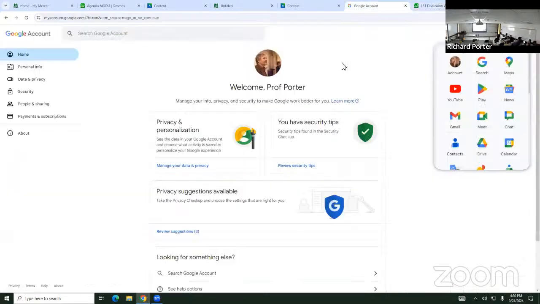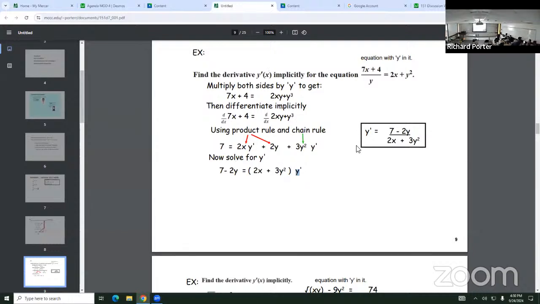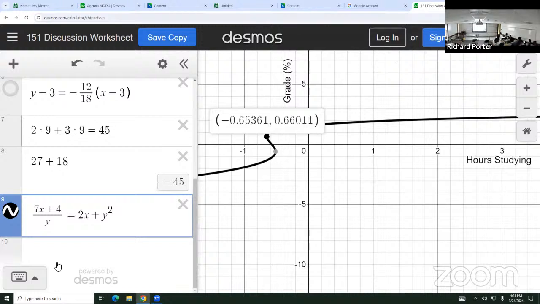And the derivative is the derivative of 7 minus. So if you tell me the x and y on the graph, I can tell you what the derivative is. So 7 minus 2y all over 2x plus 3y squared.